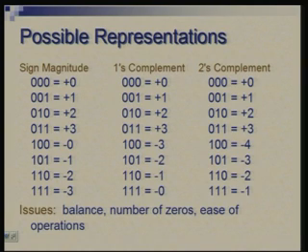So, if you take 0 0 1 for example, which represents plus 1, you make it 1 1 0 like this, it becomes minus 1. Okay. So, once again the range of numbers you can have is the same, 0 to 3 on the positive side and minus 0 to minus 3. Once again 0 gets 2 representations.